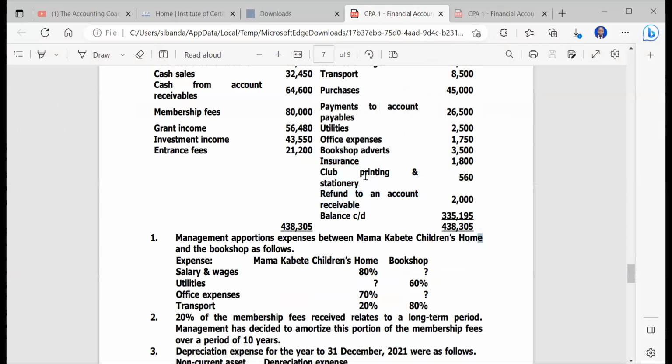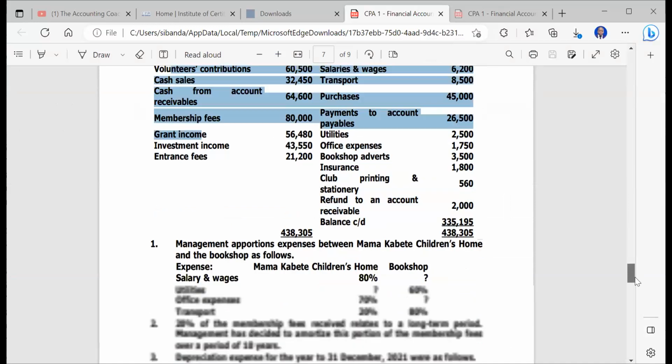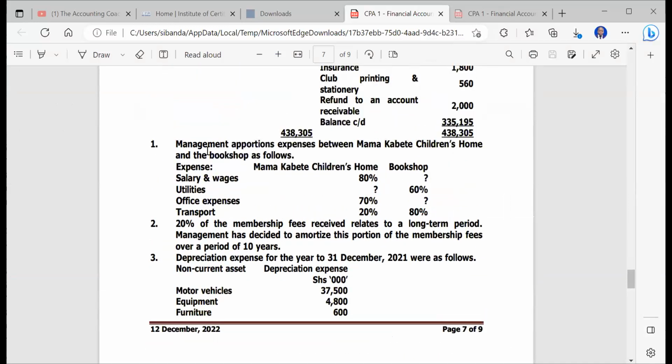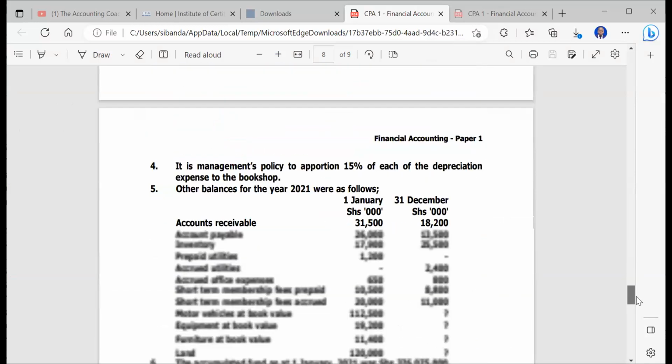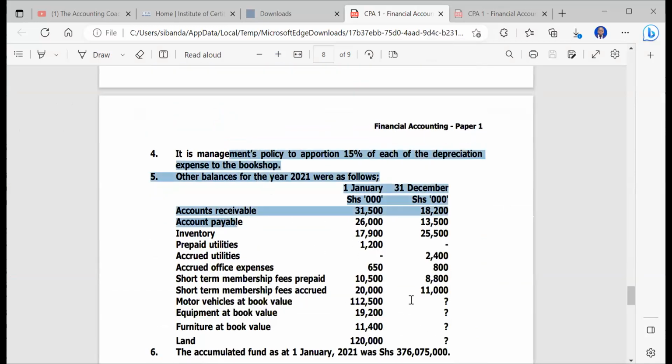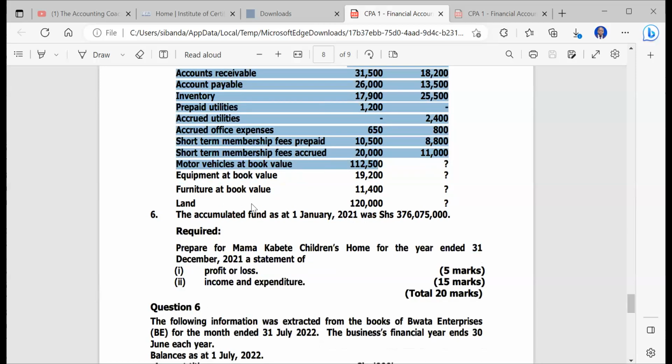There is nothing else here that relates to the bookshop. Membership fees don't relate to the bookshop. This information, we've handled it, so I'll proceed to just determine my profit.